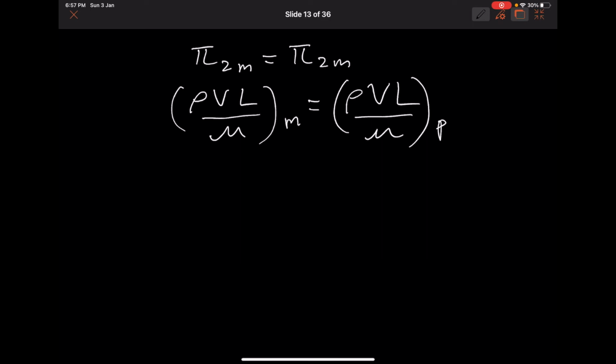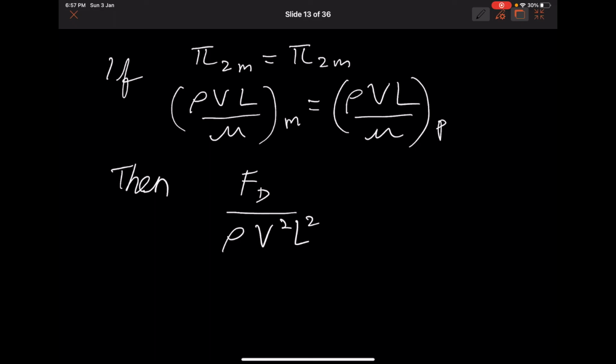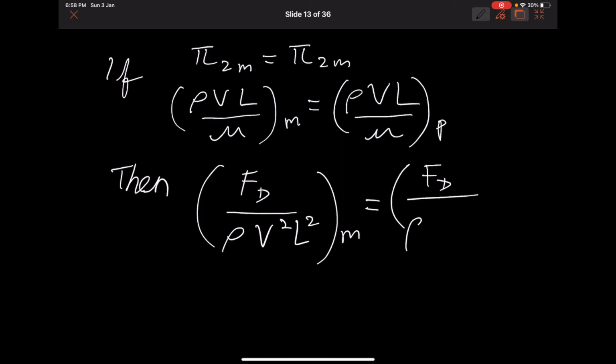And if this is achieved, then we have complete similarity, which is the force coefficient for the model will match the force coefficient of the prototype.